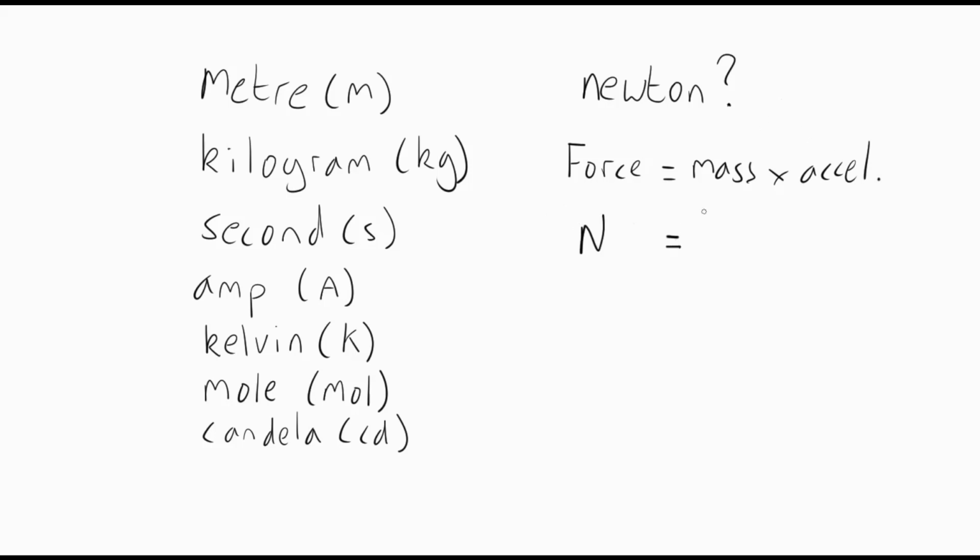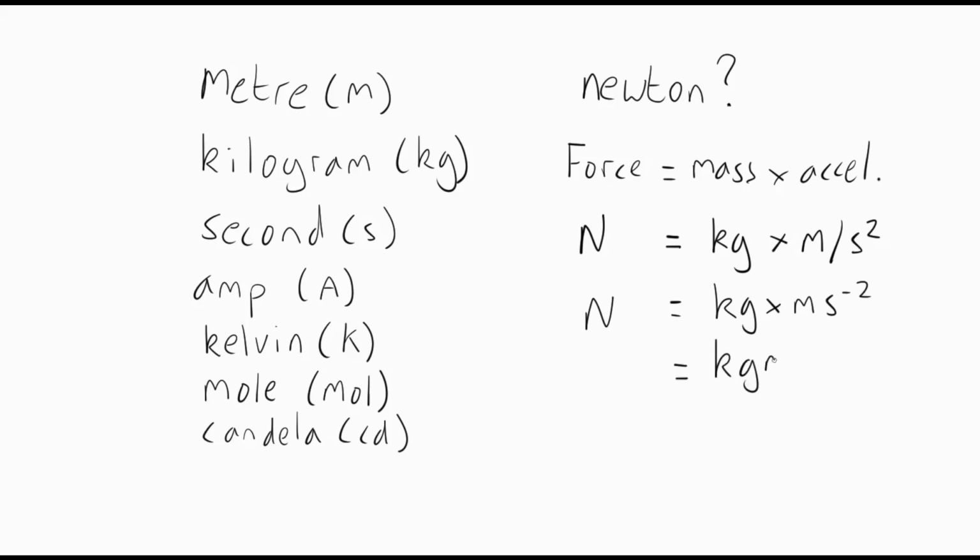Over here we've got mass, measured in kilograms, and acceleration, measured in meters per second squared. Let's write that out again, a bit more like we should write it at IB. It would be kg multiplied by m s to the minus 2. Then just to make it even simpler, kg m s to the minus 2.